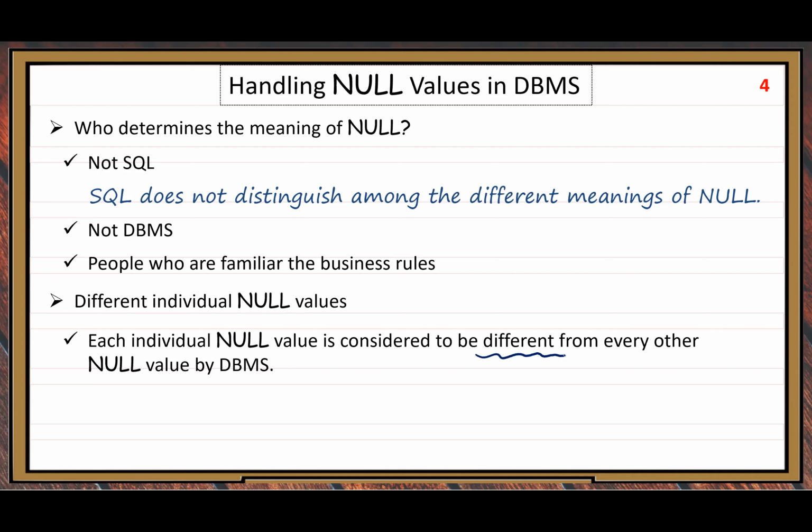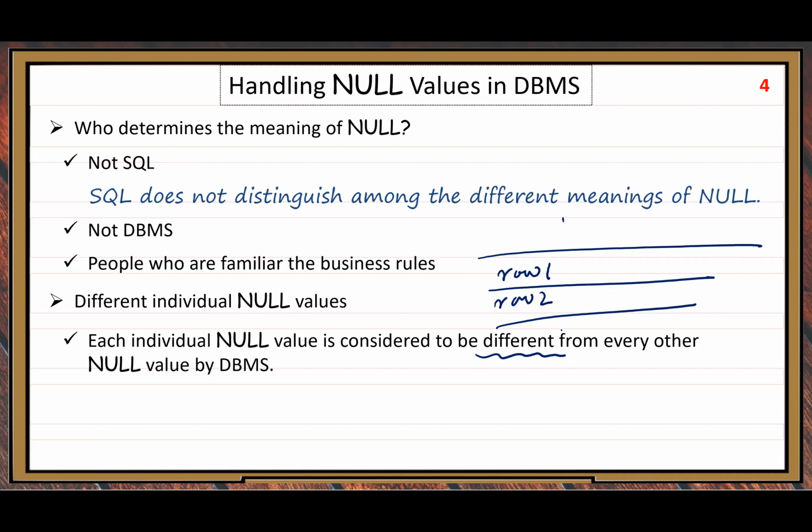For example, you have 2 rows, row 1 and row 2, with different fields. For field 2, they happen to both have a null value. From the appearance, they both show the same spelling, null.